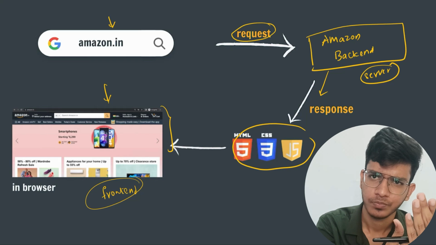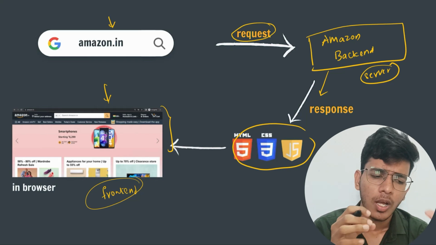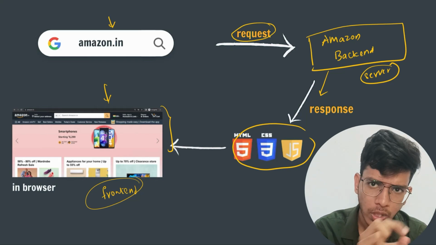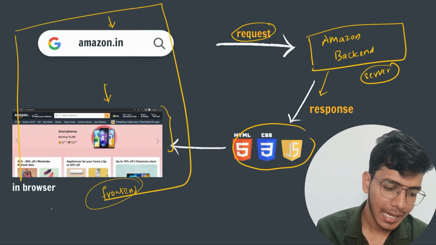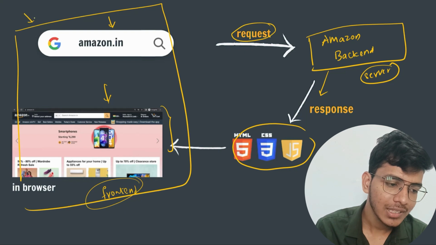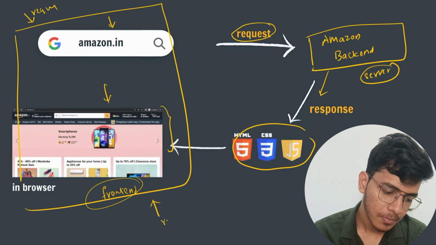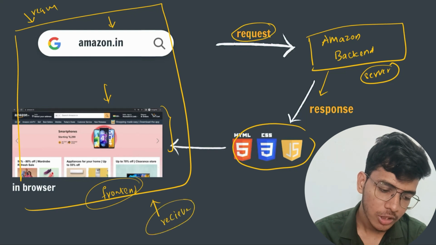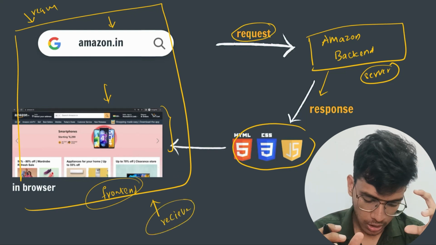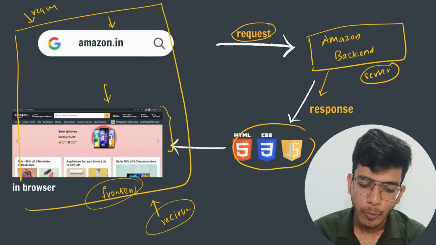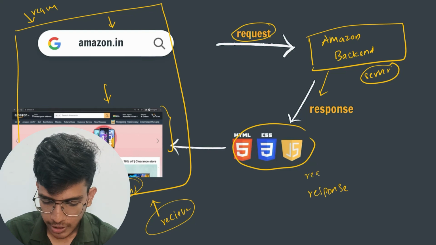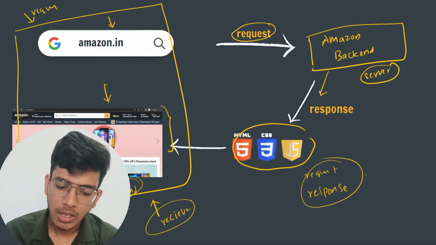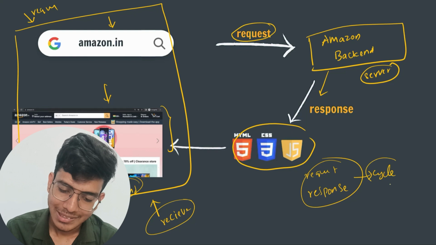So when you search Amazon.in, this is the client side. First of all, you are asking for a request, and you are receiving some response out of it. This request response cycle will continue.